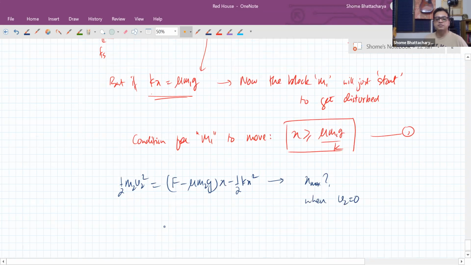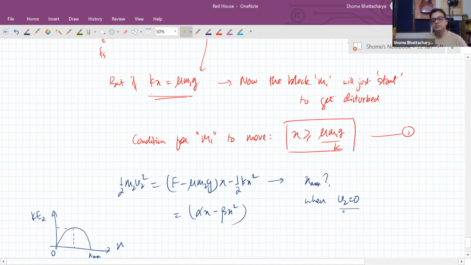You can see that the kinetic energy of the second block as a function of x is a quadratic function, like some alpha x minus beta x square. So it reaches the maximum value when the block comes to rest again. So x reaches the maximum value when v2 is 0.